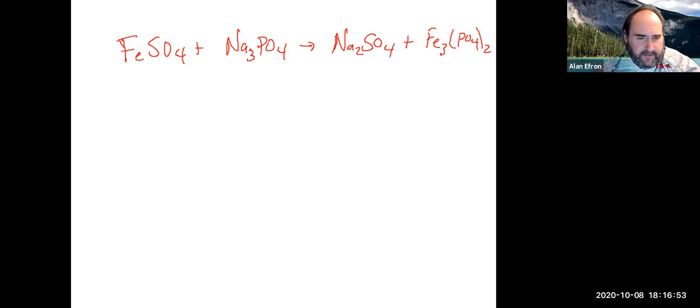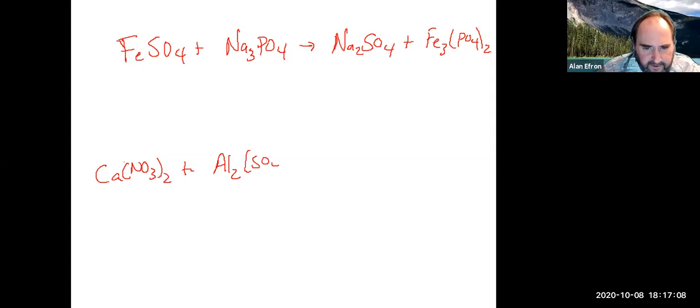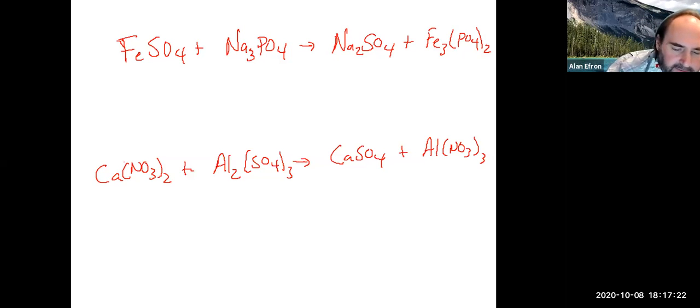And why don't you do this one as well? Let's go with Ca(NO3)2 plus Al2(SO4)3 gives us CaSO4 and Al(NO3)3. All right, so why don't you give those guys a go, see what you come up with.